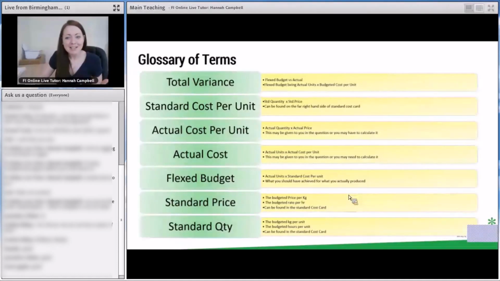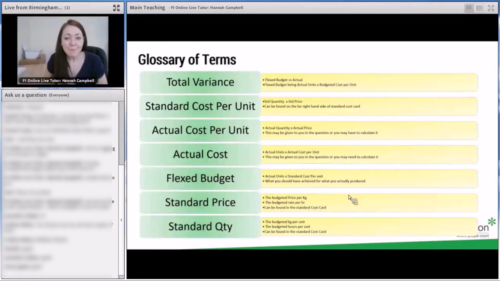Now remember, obviously with management accounting questions, they're not always the same. They are slightly different. So sometimes in a question, you might be given the actual total material cost. In another question, you might be given the actual quantity of material that you've used and the actual price that you've paid, in which case you're going to have to multiply them together in order to find your total actual cost.